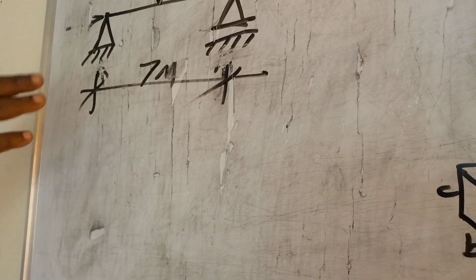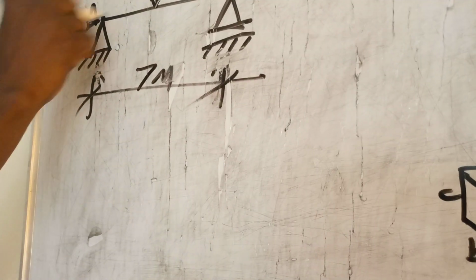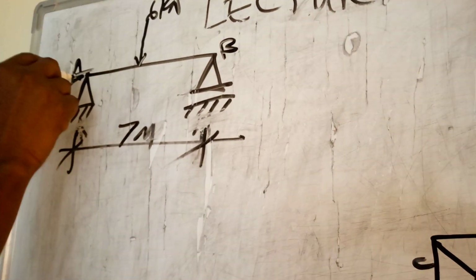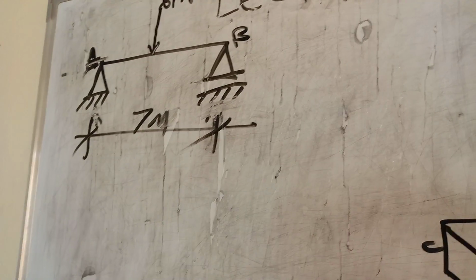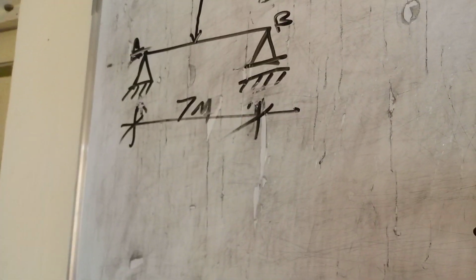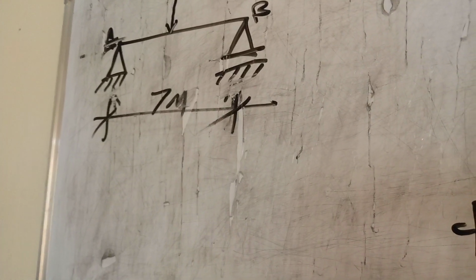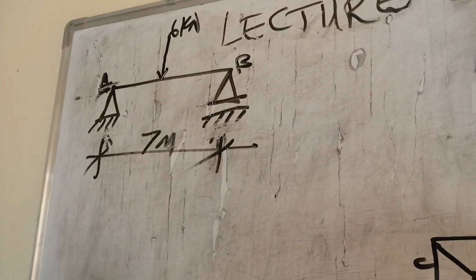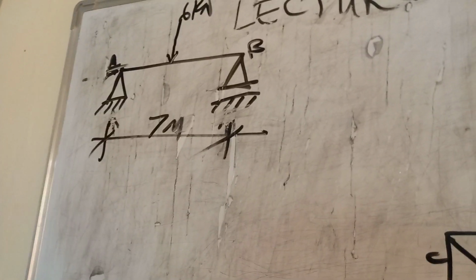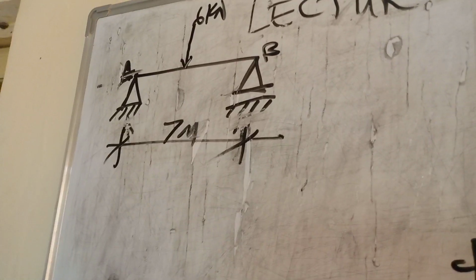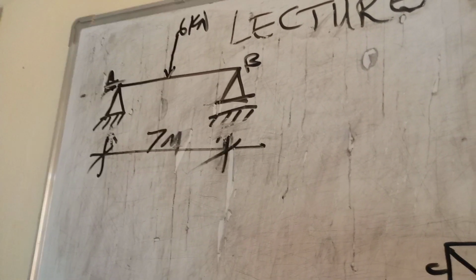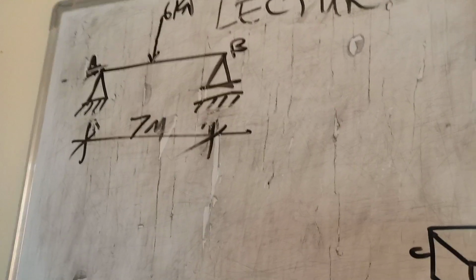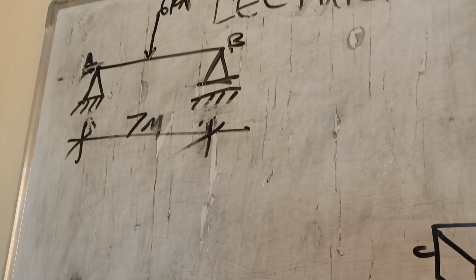So in this beam now, we have support A and support B. At supports A and B, we want to get the reactions. If we want to get reactions, the easiest way is to take, as I told you earlier, that bending moment is the product of the force and the perpendicular distance.